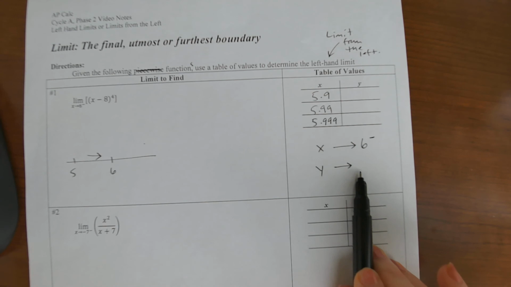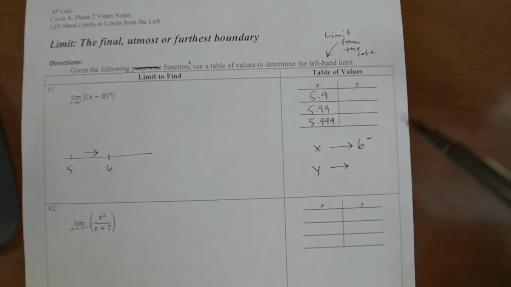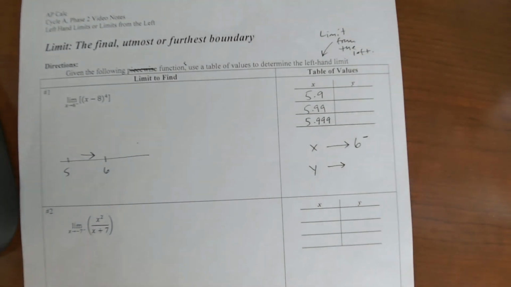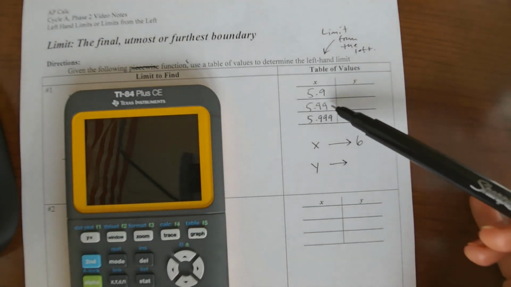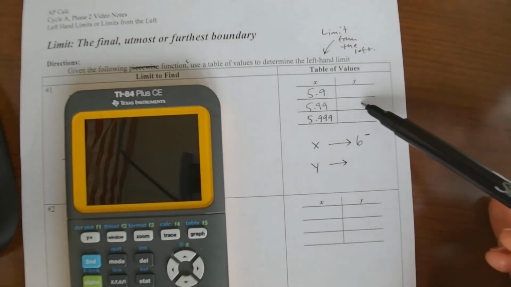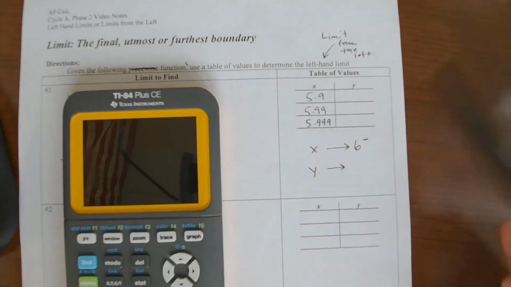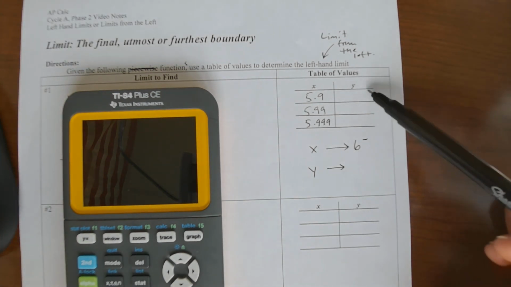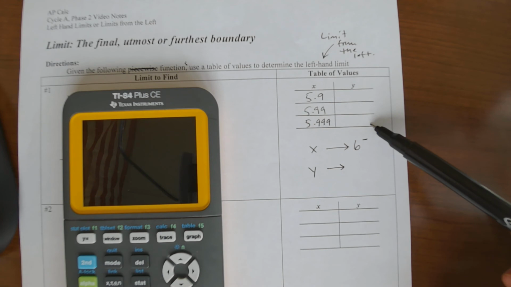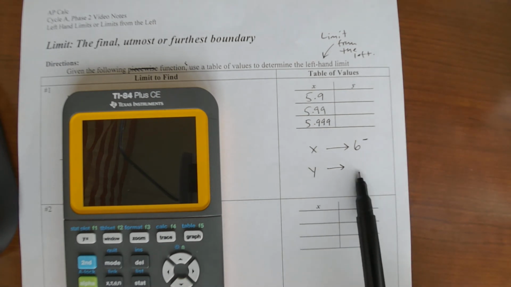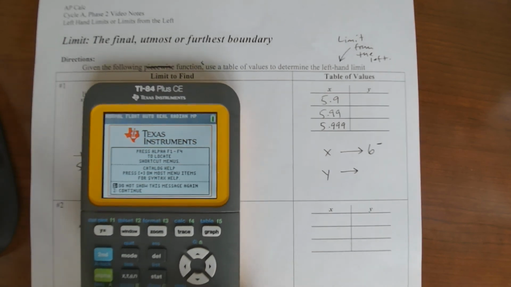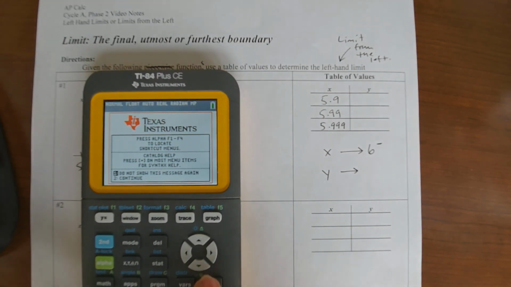We're going to use the table in our calculator to plug in these values and get some corresponding outputs. We're going to look for a pattern in the outputs and see if, in fact, y is approaching some number as x approaches 6 from the left. So I'll show you how to do it.